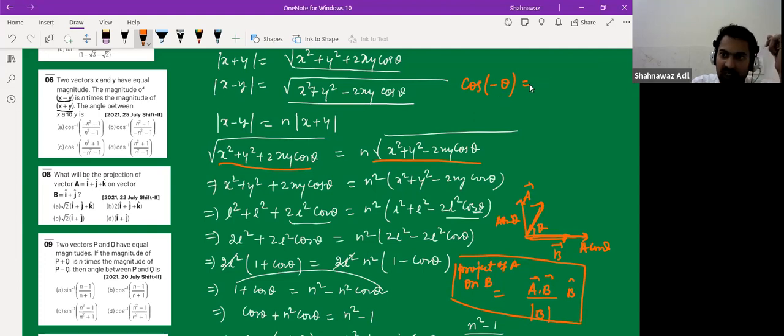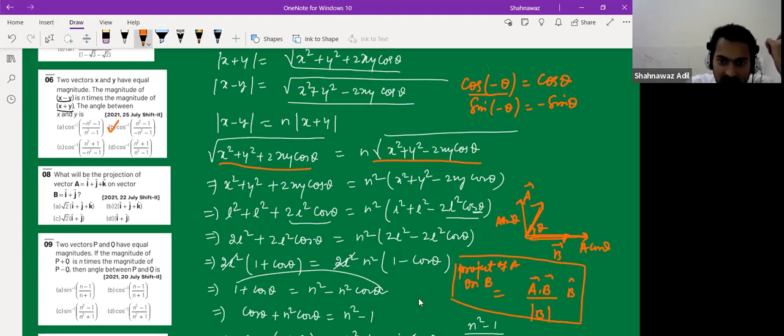Cos theta. So this is an odd function or an even function? This is an even function, right? So this would be cos theta. Sine of minus theta is how much? Minus sine. So if we take minus outside, this value will not change. So this is the correct answer, right? Okay, so this would be the correct answer.